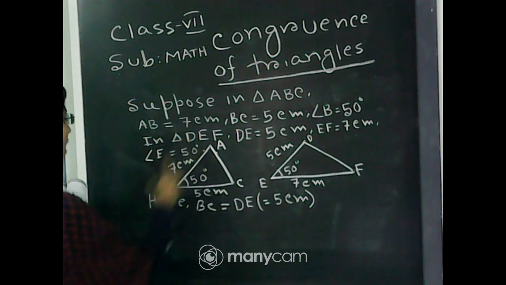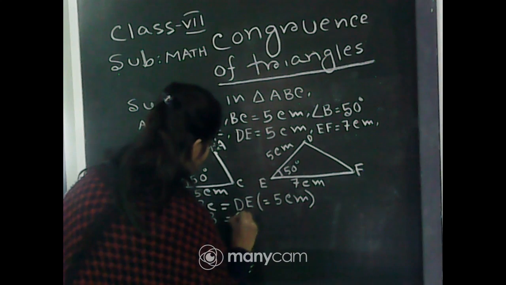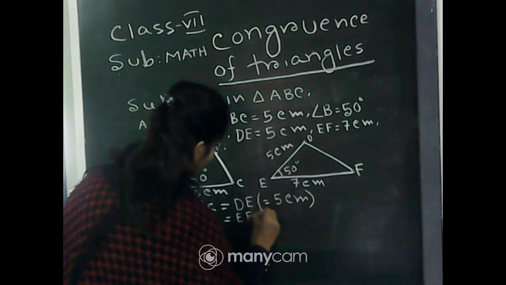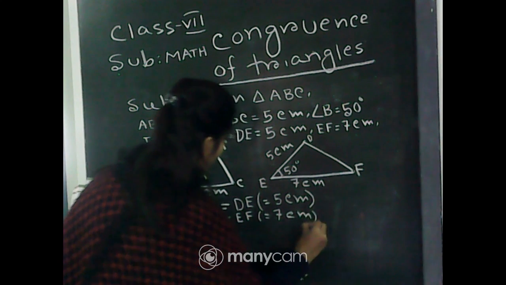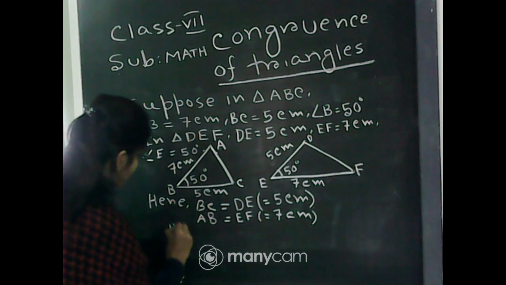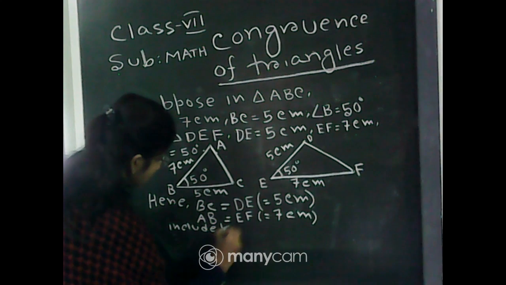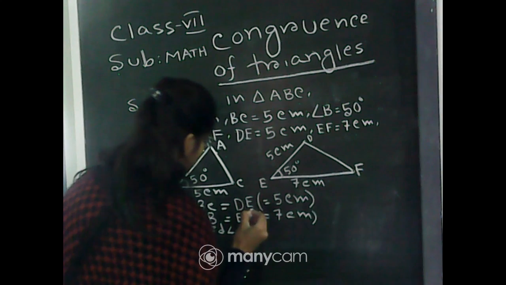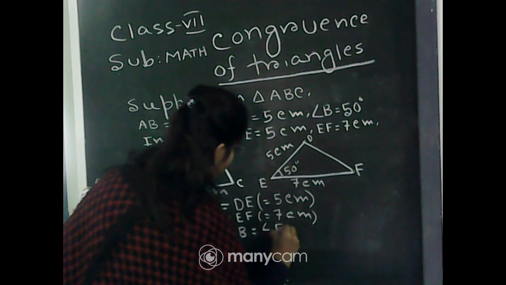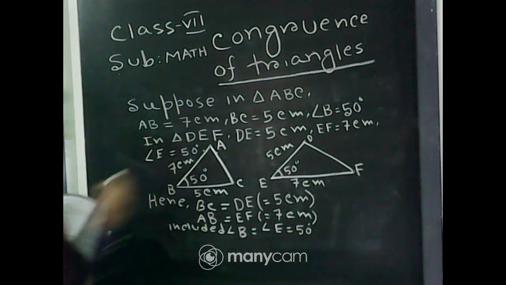Also AB is equal to EF is equal to 7 cm, and the included angle B is equal to angle E is equal to 50 degrees.